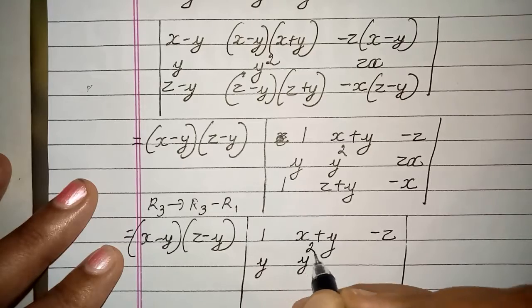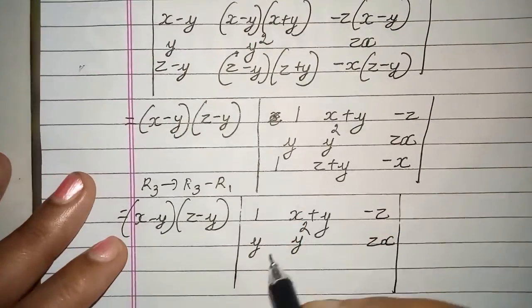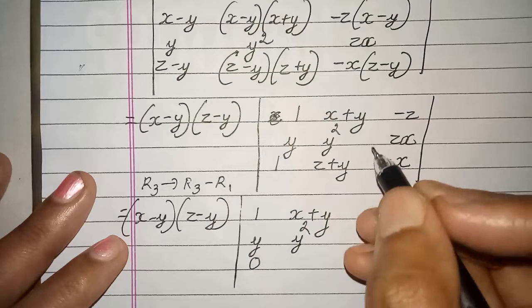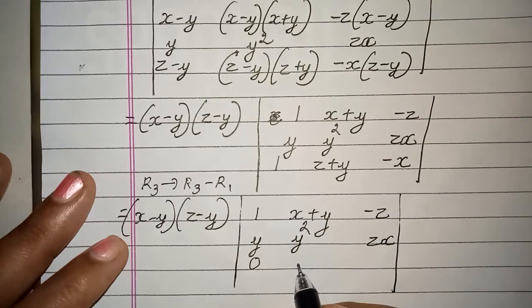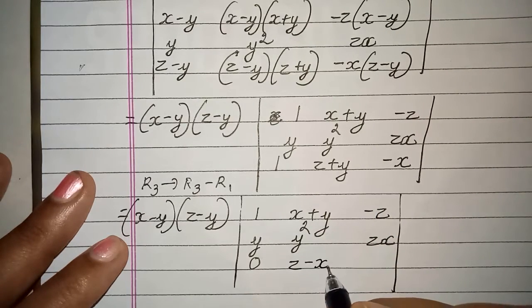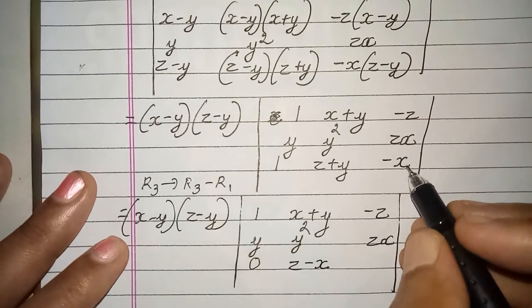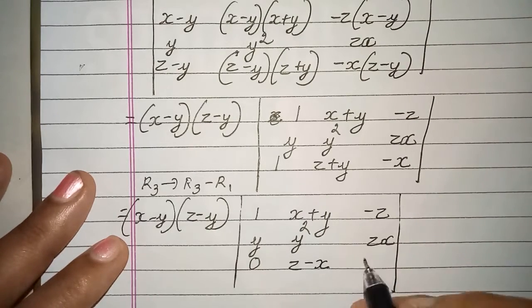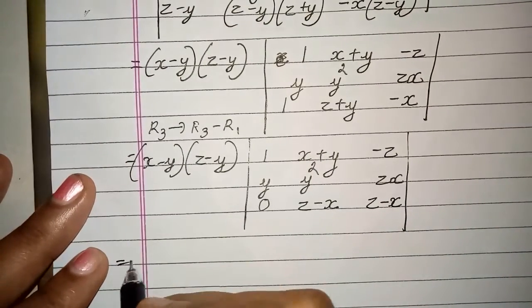Y square, zx. So 1 minus 1 is 0, z plus y minus x minus y, so it will be z minus x. And what about here? It will be minus x plus z, so z minus x. Now you can take z minus x common.